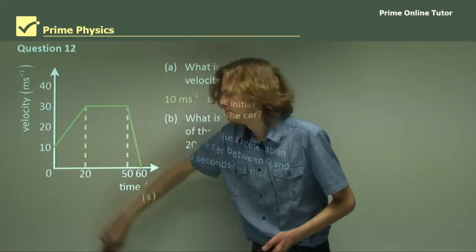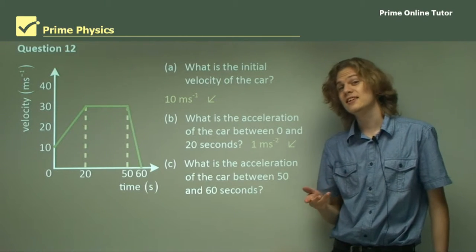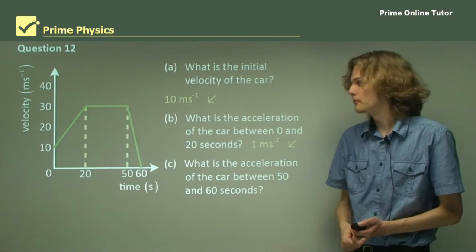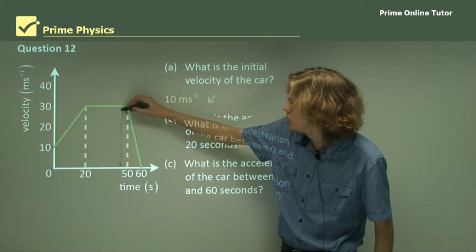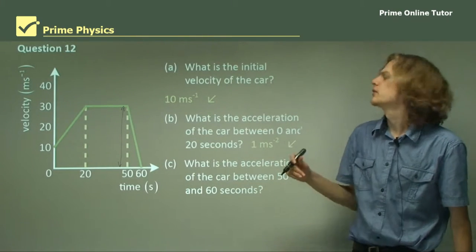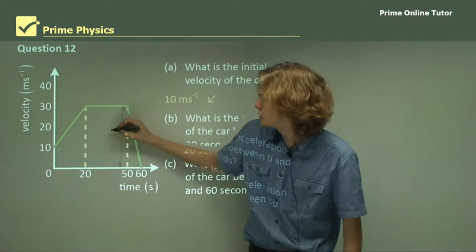Now, part C. What is the acceleration of the car between 50 and 60 seconds? Well, once again, we can use rise over run to find the slope. So our rise, this time, is not positive, but negative, because the slope is downward. So our rise is minus 30 meters per second.